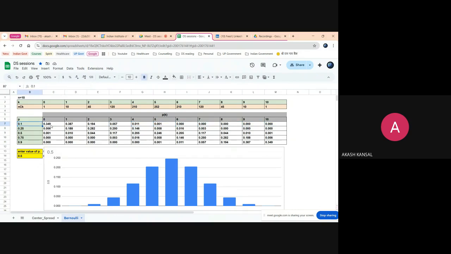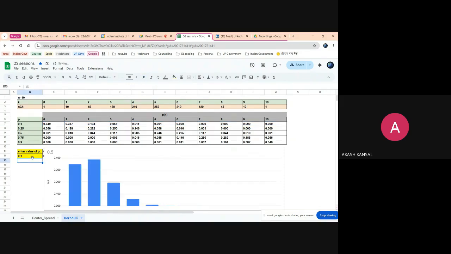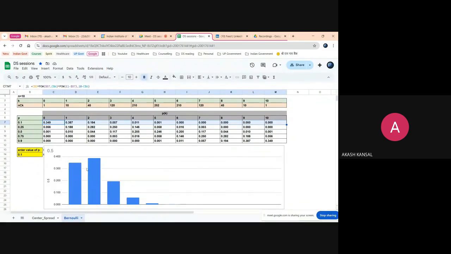Now once you have the probability, let me enter 0.1 here. What you see here are these values, 0.349 and so on, plotted in a bar chart.